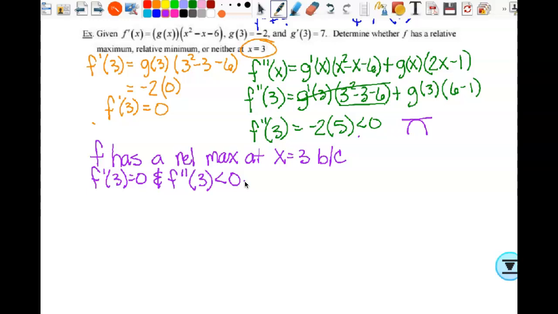Double check all your wording and stuff. We're all good. And we all know how to tell the difference? Good to go? All right, we are done with this.